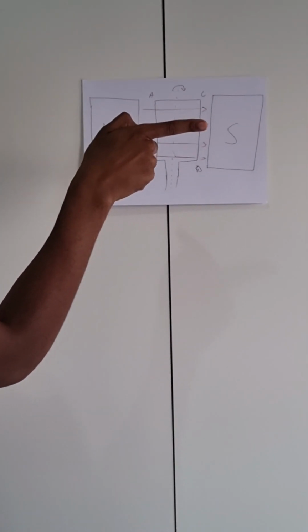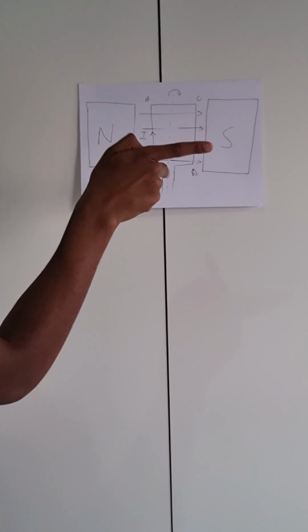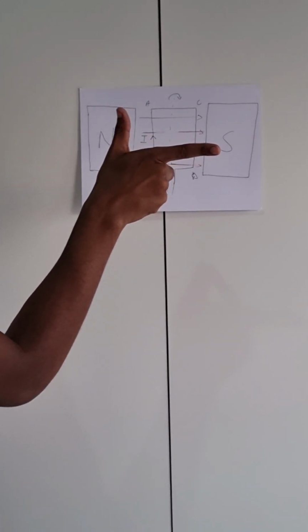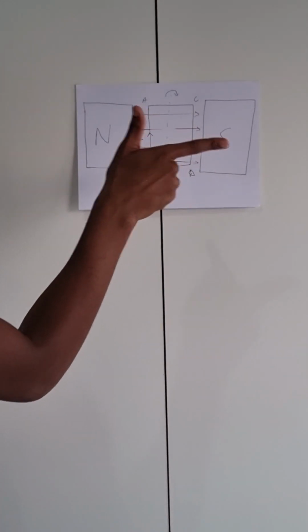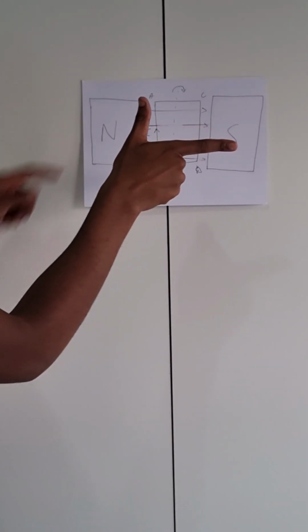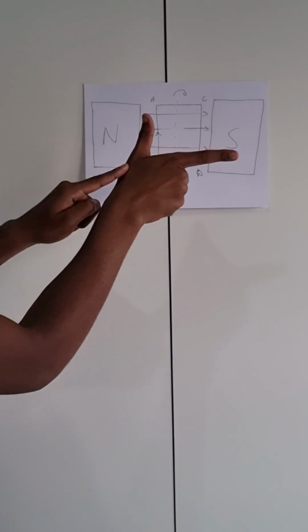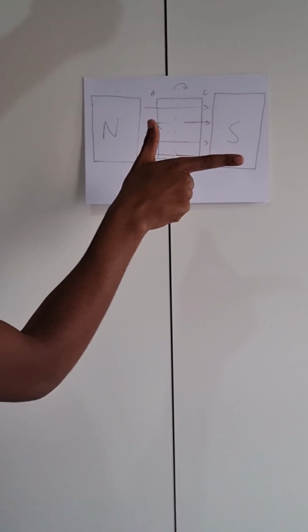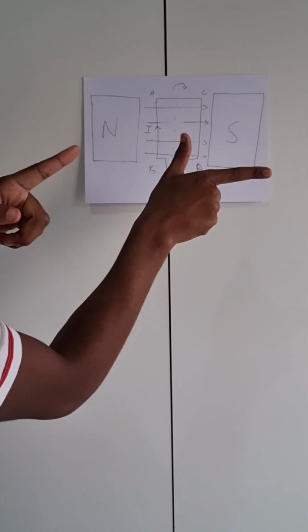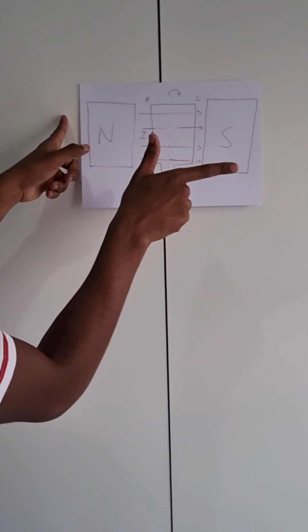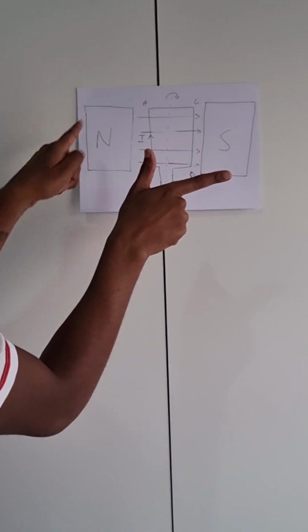That means I'm going to unfold this, and I'll make sure that they are perpendicular to one another. So the side of AB is going to move upwards. Magnetic field north to south, and the direction of the current is moving away from you, into the board or away from your chest.